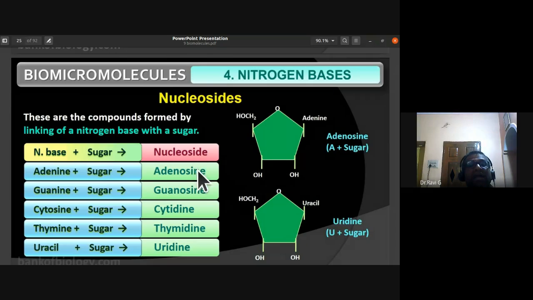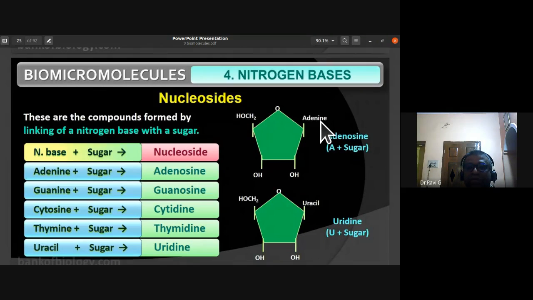Adenosine, guanosine, cytidine, thymidine, uridine. These are all examples of nucleosides. A nucleoside is made up of a nitrogenous base attached to a sugar. So nitrogenous base with a sugar, we call it the nucleoside. You can notice the sugar which is attached with adenine.